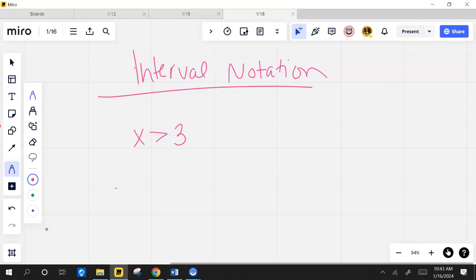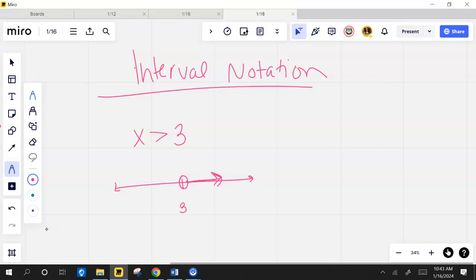And if we think about it on a number line, here is 3, then I have to think about, is that dot going to be open or closed? You tell me. Open. Why is it open? There's no or equal to, right? It can't actually be 3, but it can be really close to 3, but it can't be 3. And then greater than goes which way? To the right.